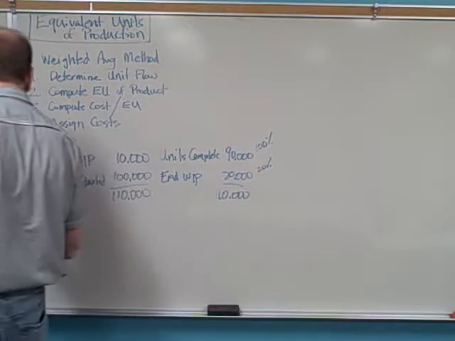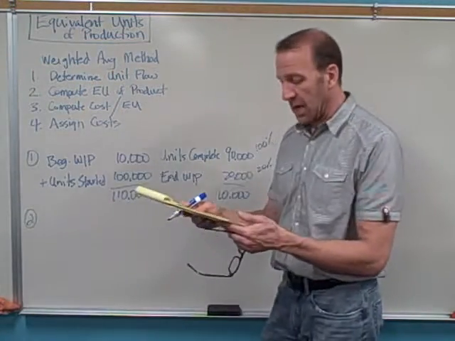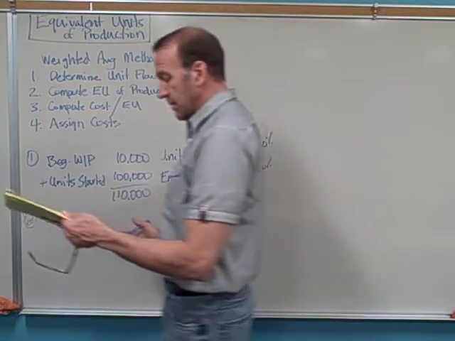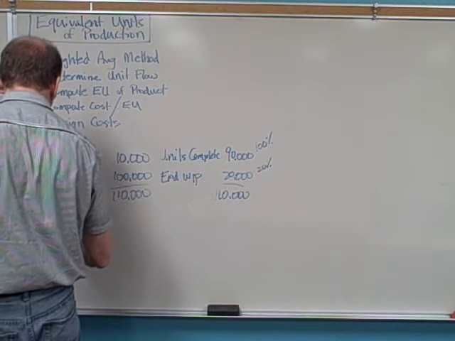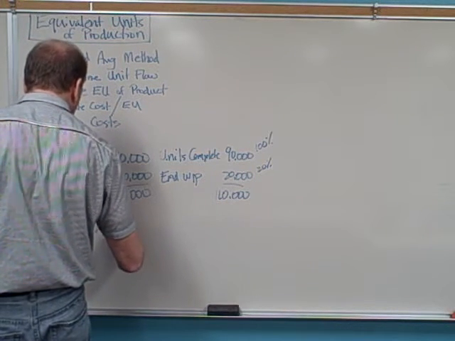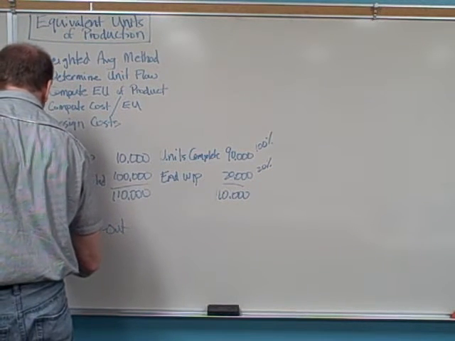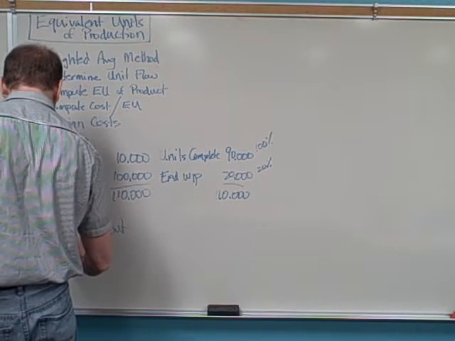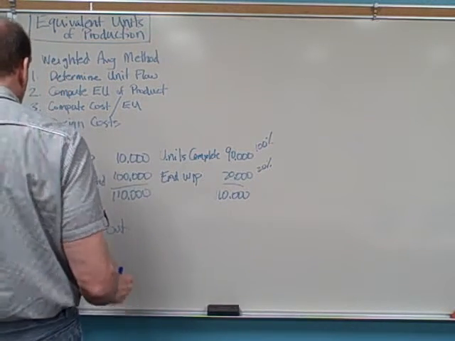All right, let's move on to step 2. Step 2 is to compute the equivalent unit of the product. So equivalent unit transferred out, and equivalent unit ending. Okay, equivalent unit transferred out.